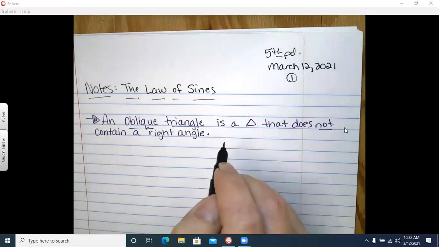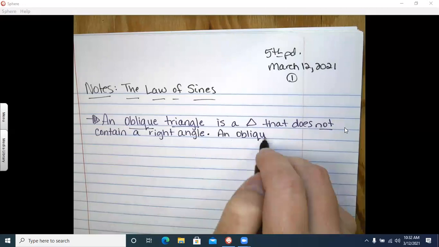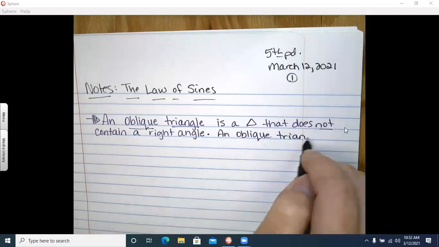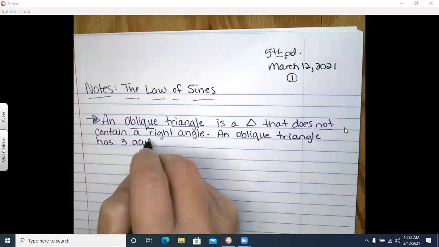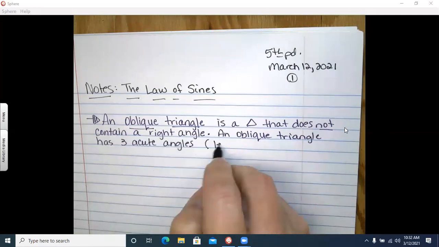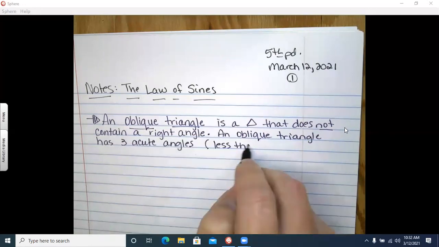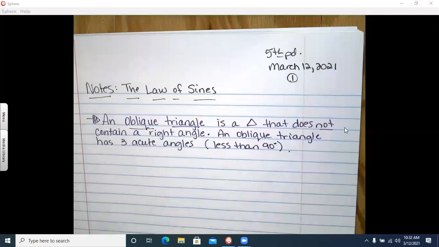An oblique triangle has three acute angles. And remember, acute means less than 90 degrees. Three acute angles.